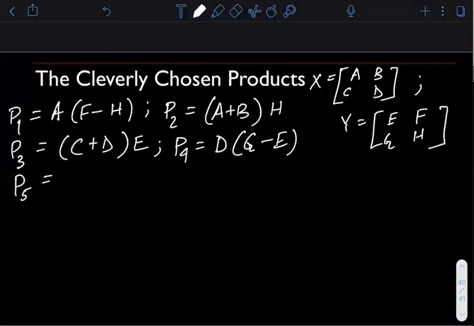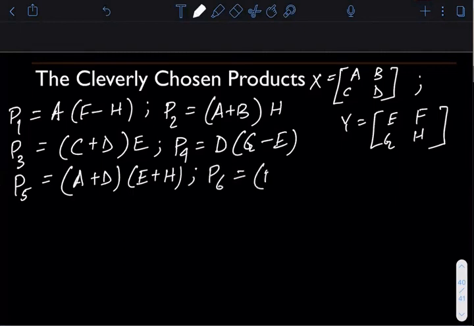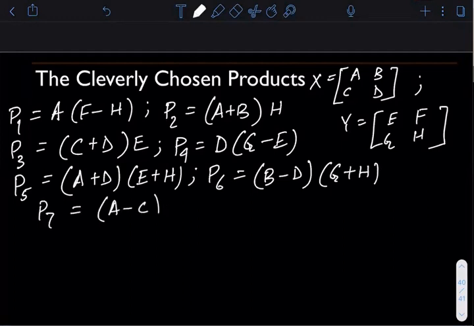P5 is equal to (A plus D) times (E plus H). Product 6 is (B minus D) times (G plus H). And the final product is (A minus C) times (E plus F).